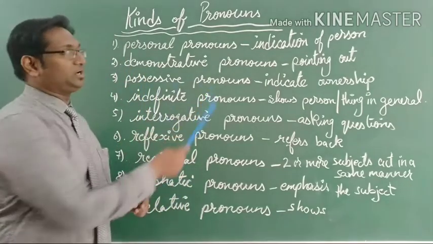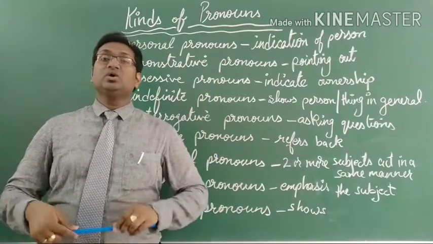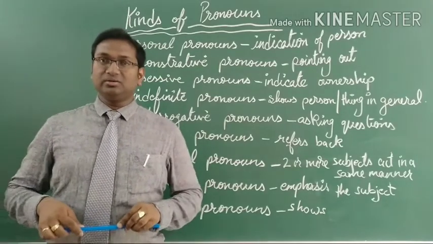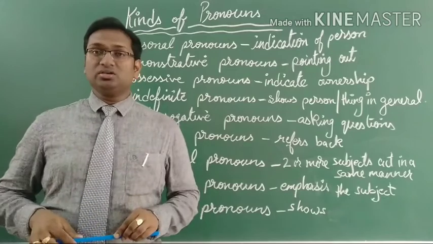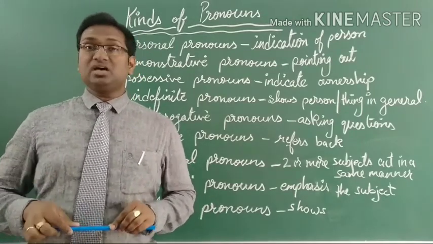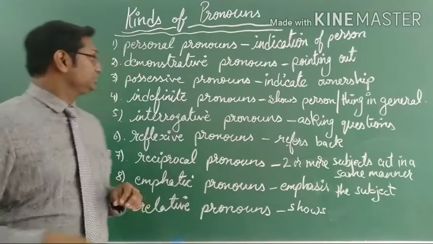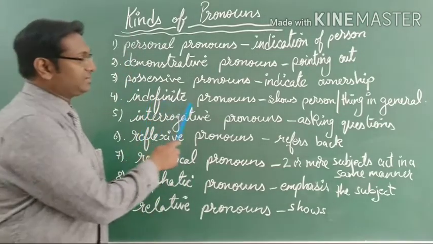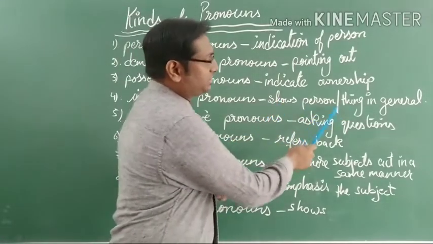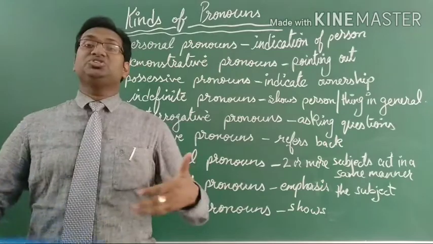Third, possessive pronouns. Possessive pronouns mean those which show ownership: ours, mine, yours, theirs, hers, his. These are your possessive pronouns. Next, fourth, indefinite pronouns. Indefinite pronouns show person or thing in general.